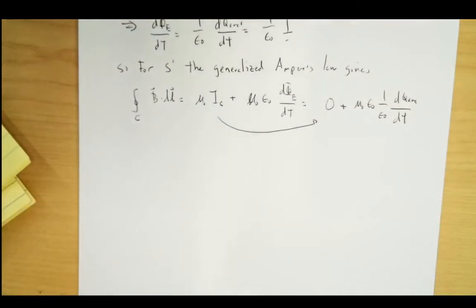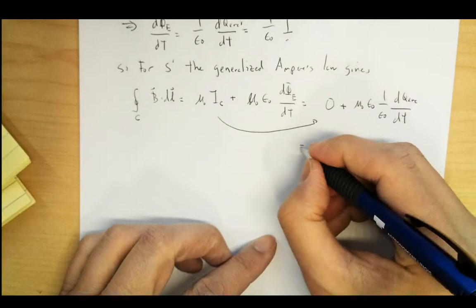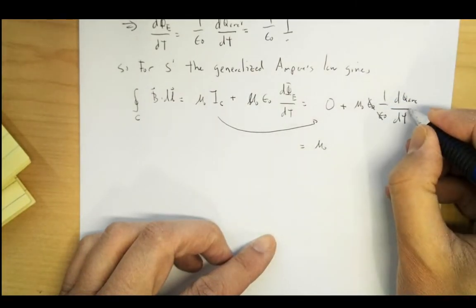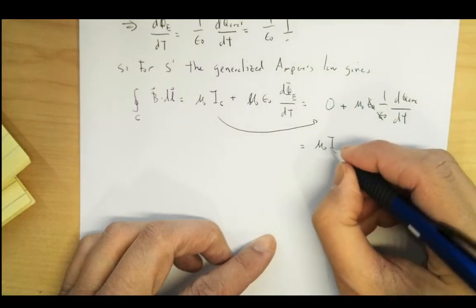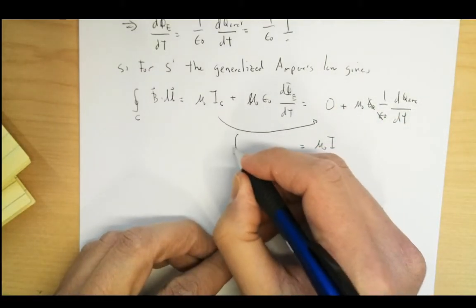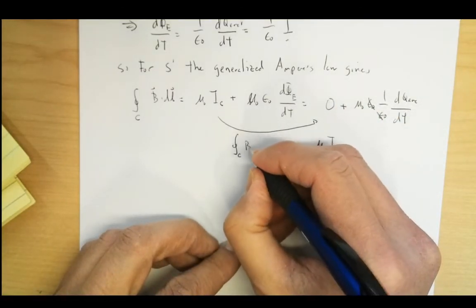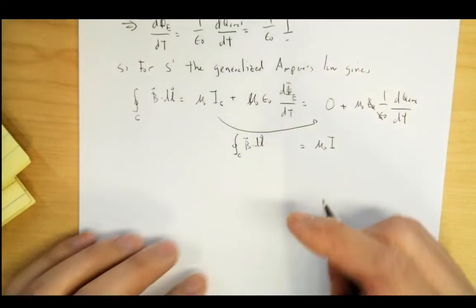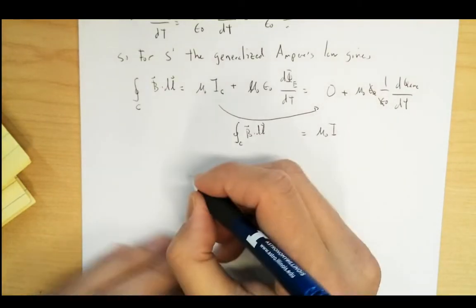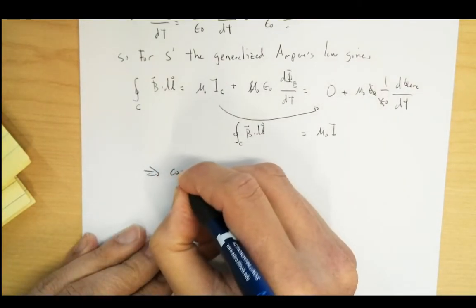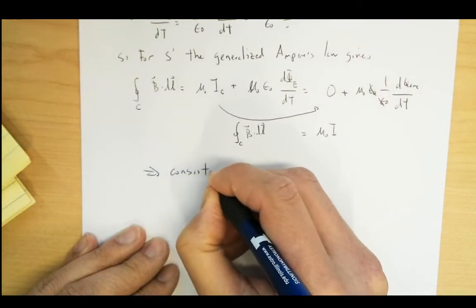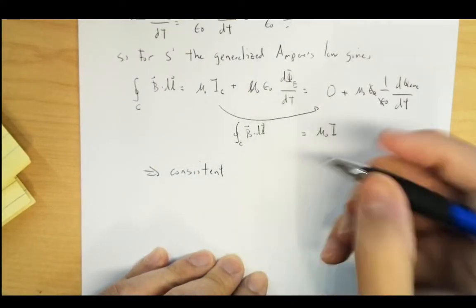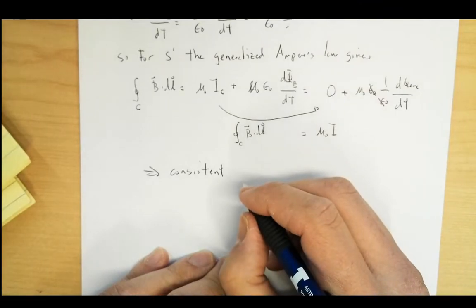The epsilon 0's cancel out, mu 0 times dQ enclosed dt is just I. And now this is consistent. And so you need to include this displacement current.